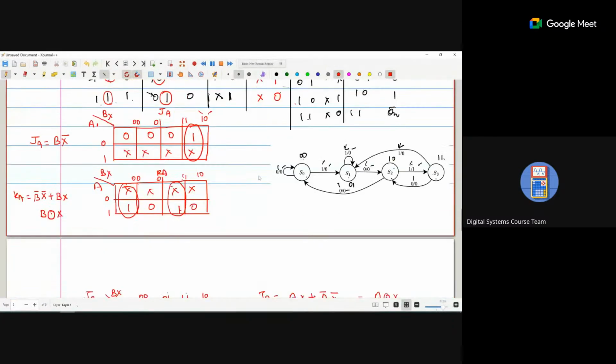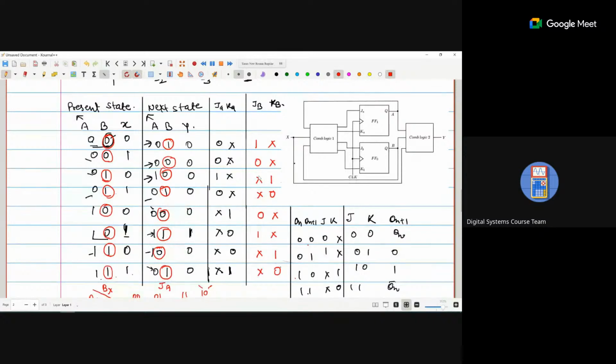Let's check if there is any issue in this one. 0 1, 1 cross 0 0 0 cross 1 0, cross 1 1 1 cross 0 0 0, 0 cross, 0 1, 1 cross, 1 0 cross 1 and 1 1 cross 0.